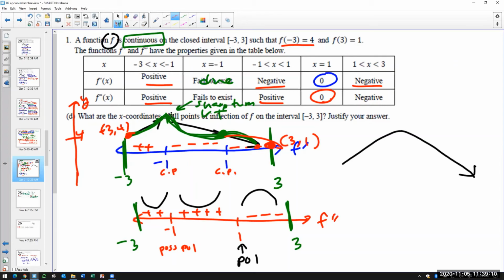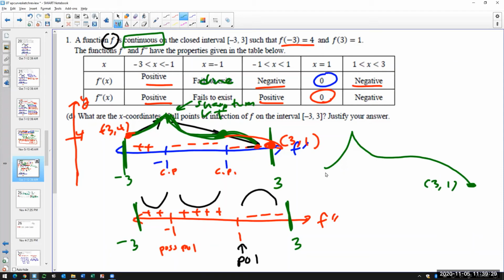Guys, if I'm trying to find the absolute max, and this is always decreasing, let me make sure I draw this picture right because it's always decreasing. My picture should look like this. Does that make sense? It's always decreasing. And I know that this point is 3, 1, and this point is negative 3, 4, okay? Where's my absolute max?